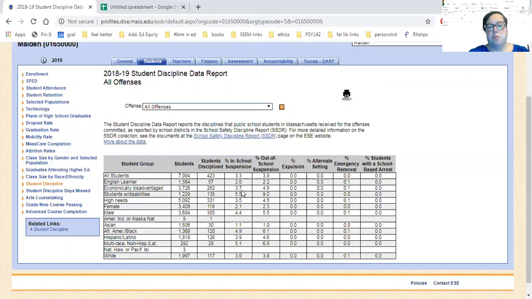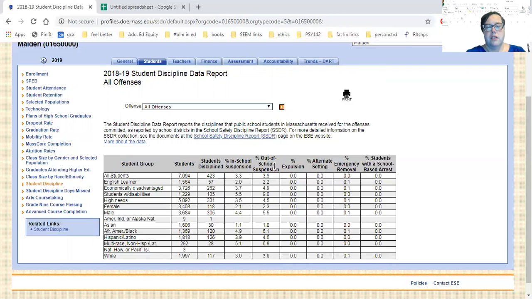And then which groups are markedly higher? Students with disabilities are about 2/3 higher. Male students are about 1/3 higher. Black students are about 50% higher rates. Multiracial students are about 54% higher. And then there's a few that are slightly higher: economically disadvantaged students, high need students as a whole, and Latinx students.